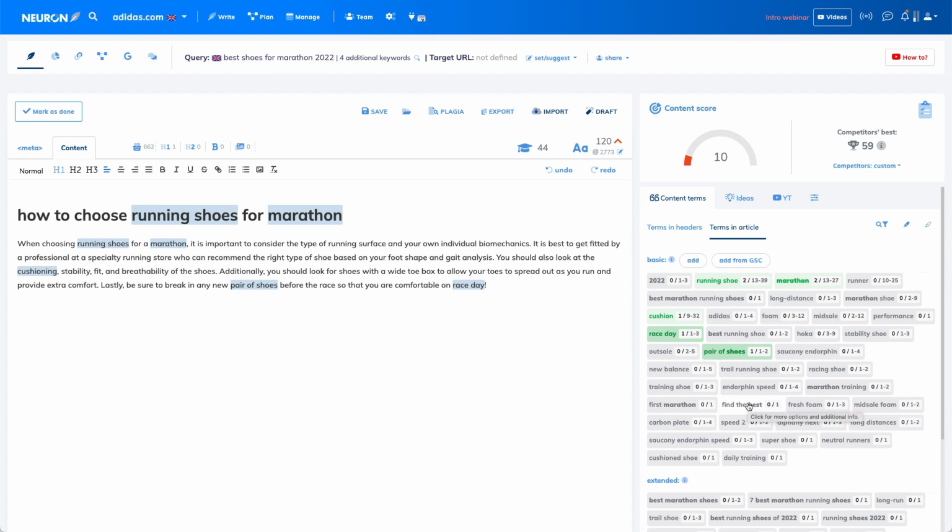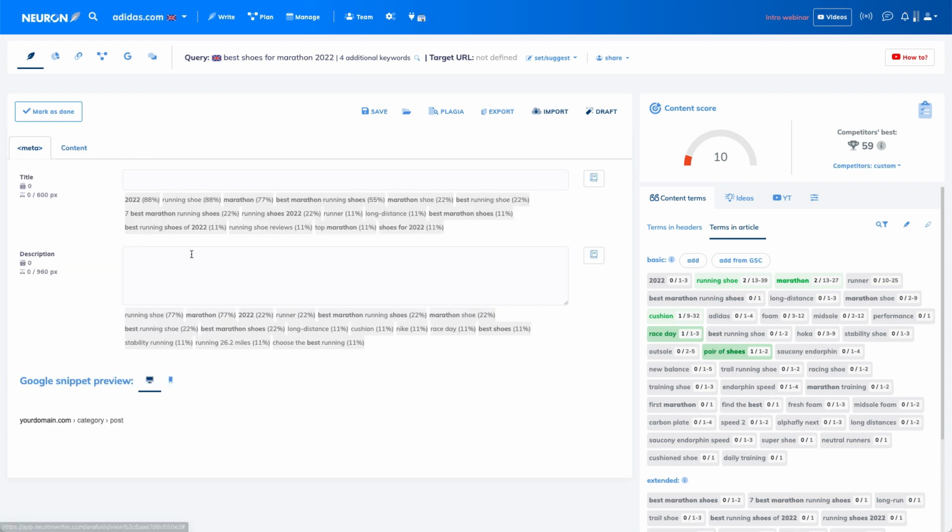I hope that's all, and we will go a little bit deeper into the content score later when we work on the content level, but I believe these are the most important factors. Once again, the content score is the relation between the recommendations in the sidebar and the content that you have in the content editor window and in the meta description and meta title window.